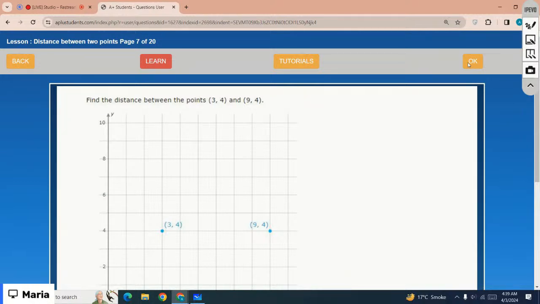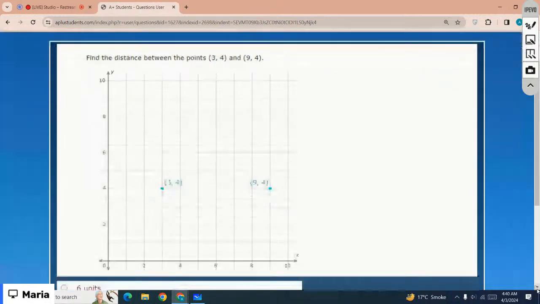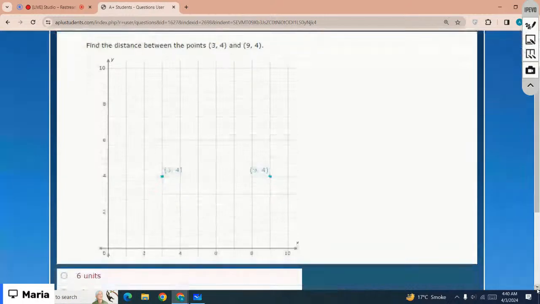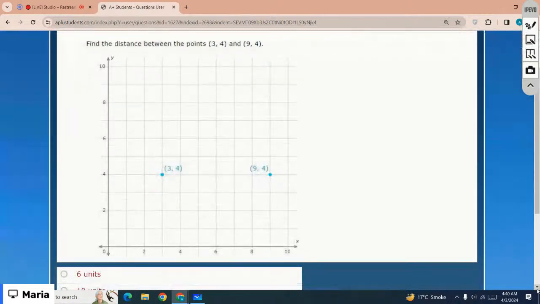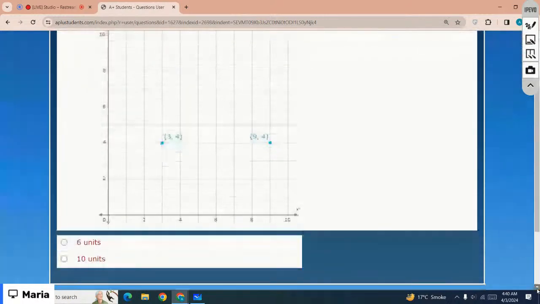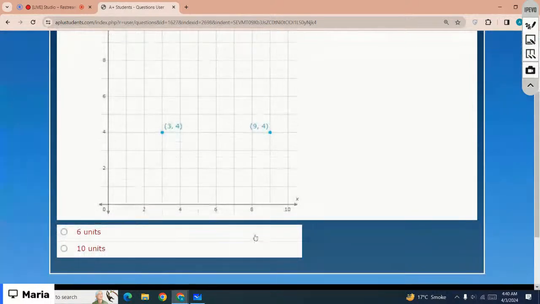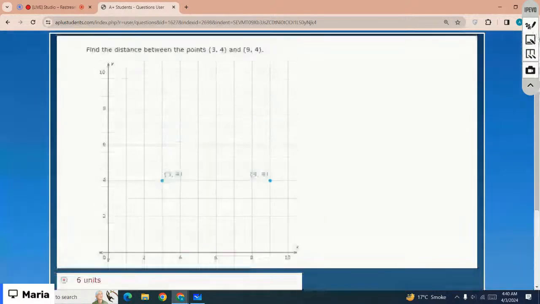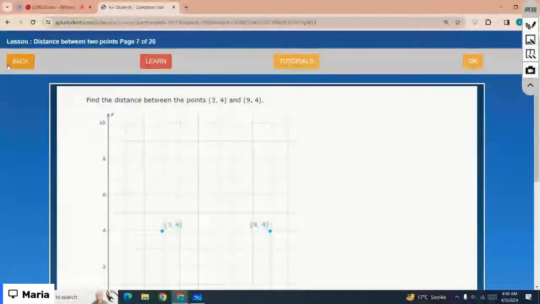Find the distance between the points (3, 4) and (9, 4). So which is the correct option? The correct option is 6 units, right? Okay, you can complete the lesson by yourself later today.